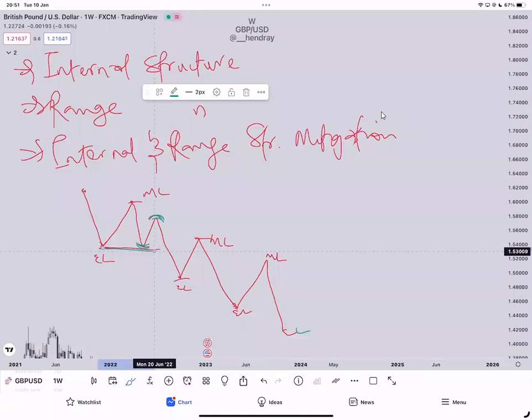So that is your internal structure, okay? So this guy right here is your internal structure.